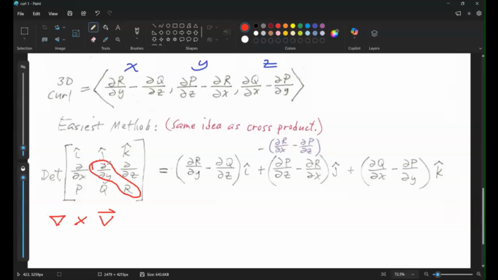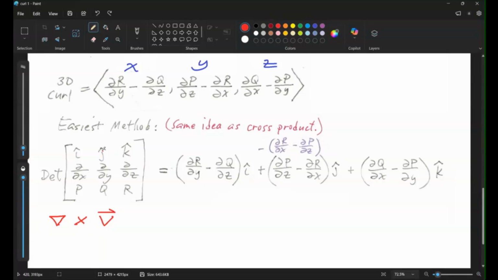Now this is not multiplication. That's what's different from a real cross product. This is just a memory aid. Basically, you take the R and put it here, and there you go. So you're doing partial R, partial Y minus partial Q, partial Z, because you would put the Q up here. And the first one is ready to go.